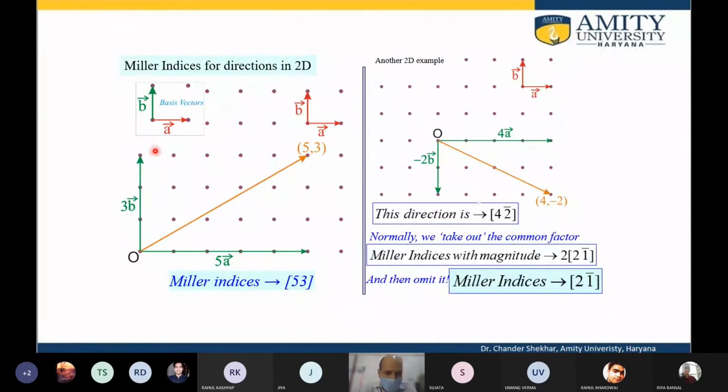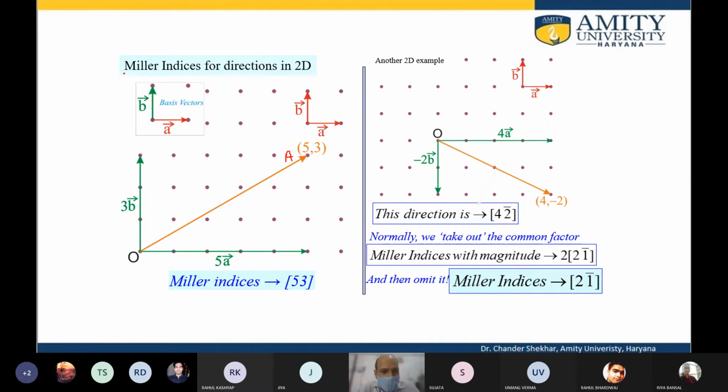Suppose we have this as the two-dimensional lattice. I want to find the Miller indices for a direction in 2 dimensions, from the origin O to this point. Let us name this point A. From O to A, there is a direction.